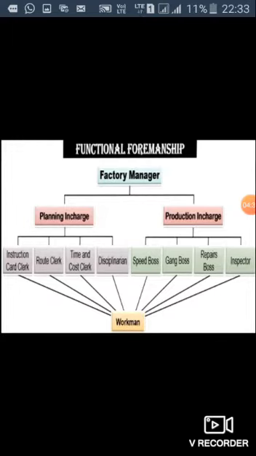You can see in the pic that it is written as workman. So 8 managers are instructing one workman, which is quite contrary to Henri Fayol's principle of unity of command, where he had said that one person should be directed by one boss only. So this is a huge difference we see in functional foremanship.